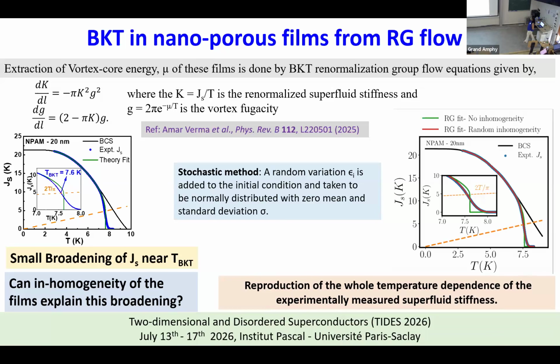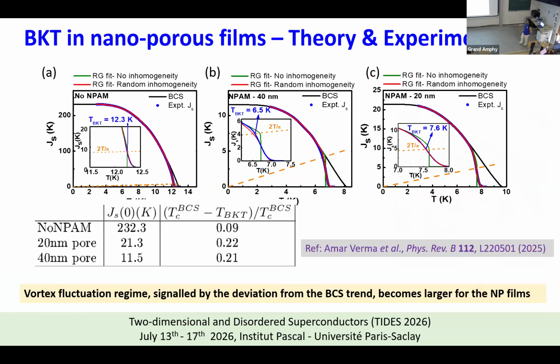So the whole temperature dependence of the experimentally measured superfluid stiffness can be explained by this theoretical calculation. This is for all the films, and you can see how the fluctuation regime increases as you go from the continuous films to the nanoporous films.